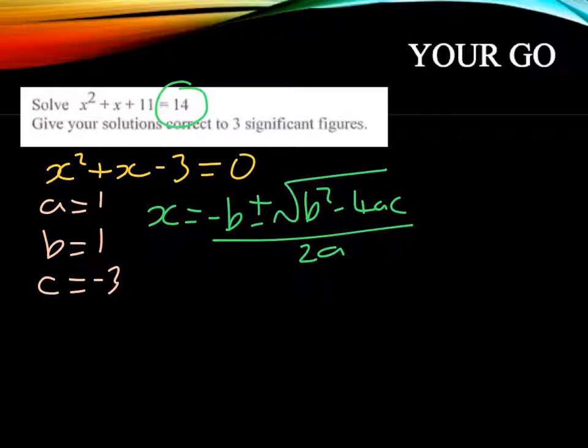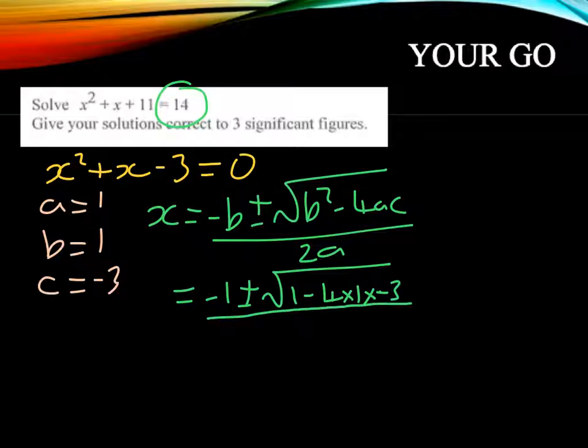So the solutions I'm going to get are minus 1 plus and minus the square root of 1 minus 4 times 1 times minus 3, all divided by 2, which gives me minus 1 plus and minus the square root of 1 minus 4 times 1 times minus 3, which gives me 13, divided by 2.